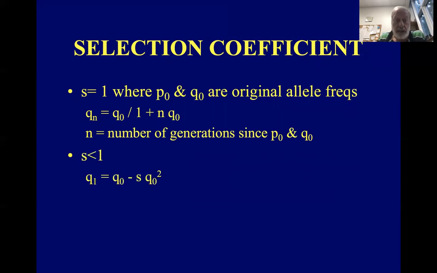But if S is less than the maximum, less than 1, by the way, S is from 0 to 1, then we use a different formula where the original frequency of Q minus S times Q squared over 1 minus S times Q squared is what the frequency of Q will be after a single generation. So Q sub 1 just means 1 generation later.